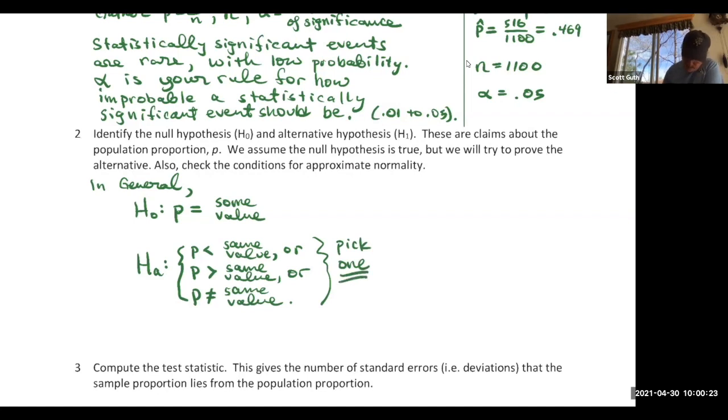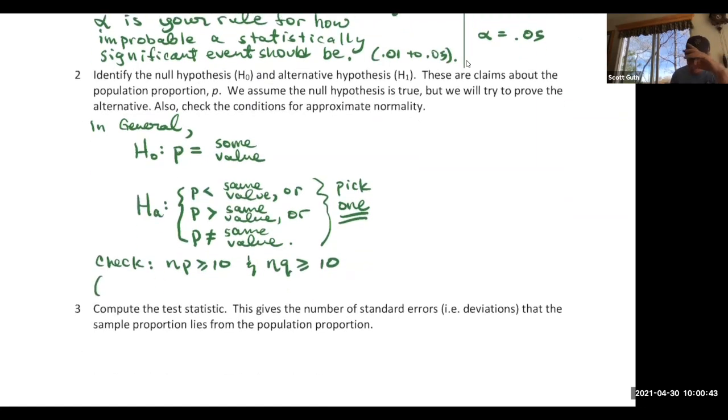Okay, and then once that's done, the check that comes in is that np has to be at least 10, and n times q has to be at least 10, okay? And you get p from the null hypothesis. Remember, we assume the null hypothesis is true.